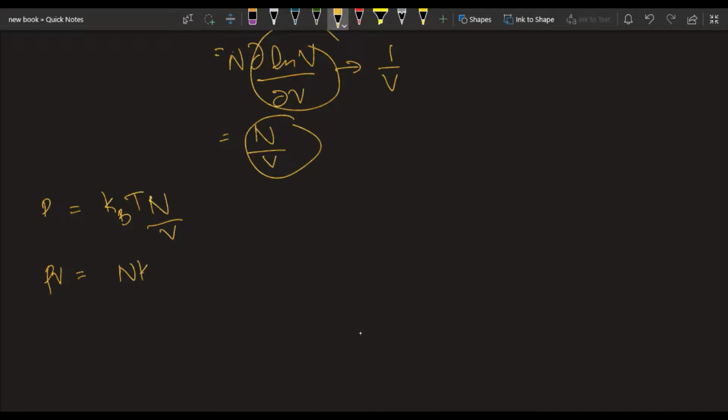So if we have n equal to the Avogadro number, then we have PV equals RT, where R is equal to n into kB.